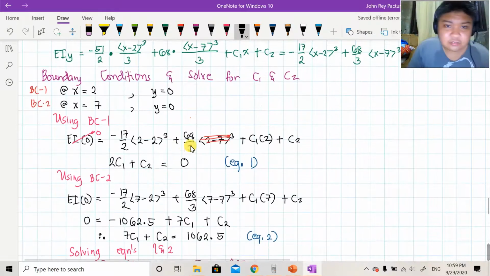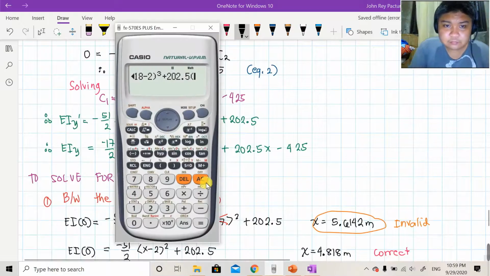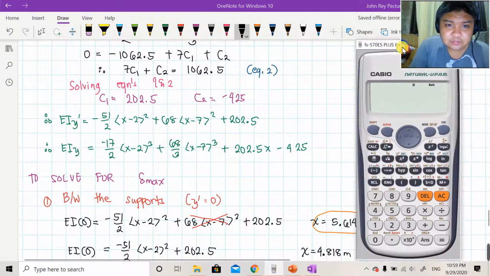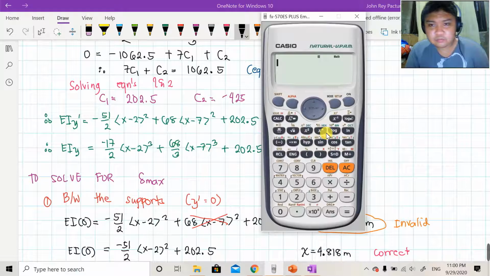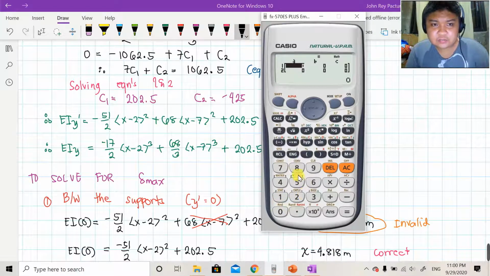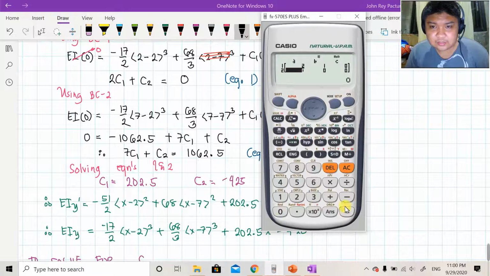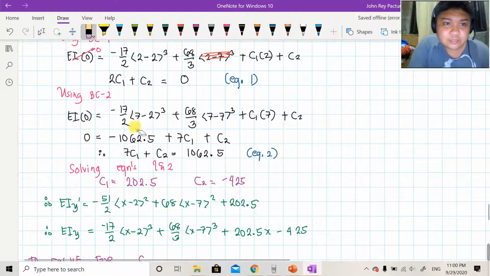Pa-check nga, no? 212.5 dapat. Balikan ko nga class yung pag-solve ko ng equation. Buti na lang, no? 212.5 pala yun. So, equation 1 is 2, 1, 0. Tapos dito, 7, 1, 1062.5. So, yes, it must be 212.5.